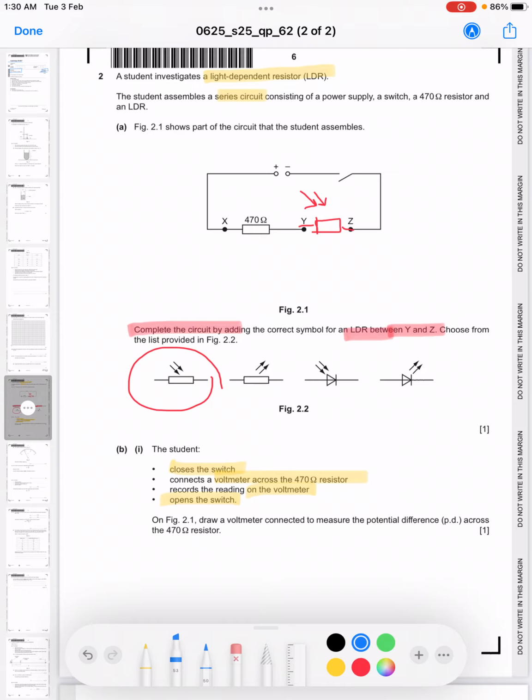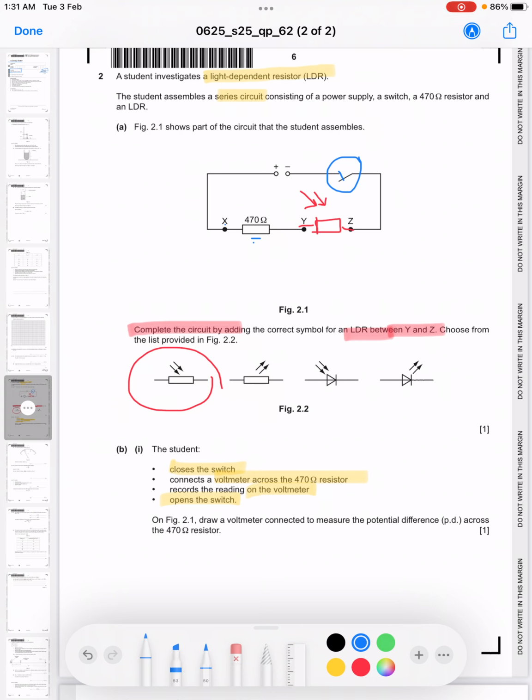This is our switch, and he closed the switch, meaning it is connected, right? And then he connects a voltmeter across the 470 ohm resistor.